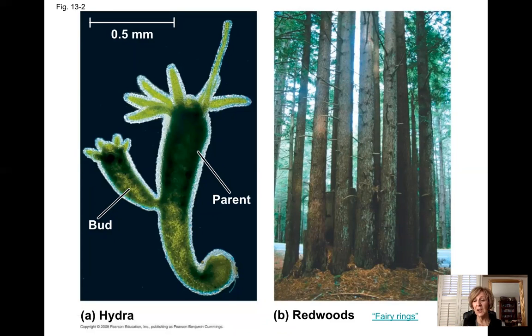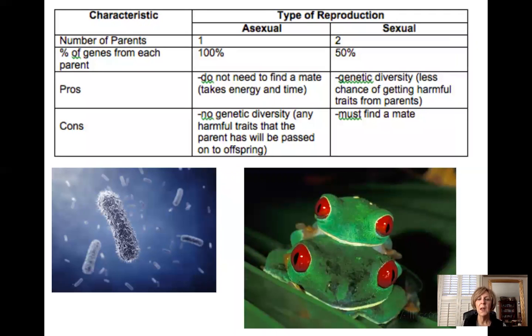And if you click on that link, you should see this really cool picture looking down on a fairy ring. But all these beautiful, huge redwood trees are genetic clones of the parent. Now we're finding out they're not exactly genetic clones. There is some genetic variability, but that's science, right? We're always finding out cool things.